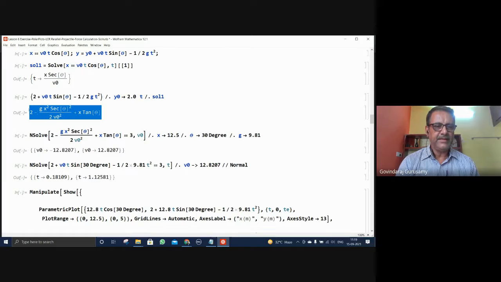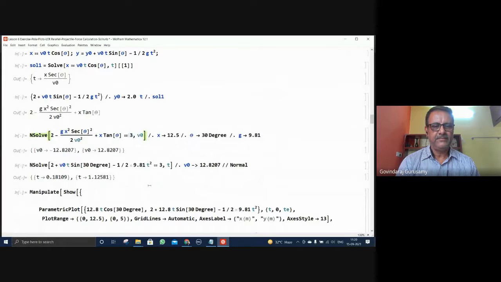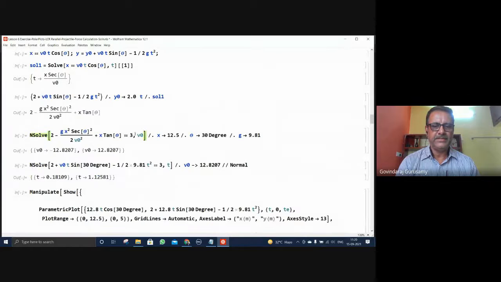So now I know this, I'll take this equation and substitute the maximum height, which is 3. I'm using this equation, the vertical component, which has the value 3 given in the problem. This is the initial height, this is the final height, this is the equation converted by eliminating T into this form.